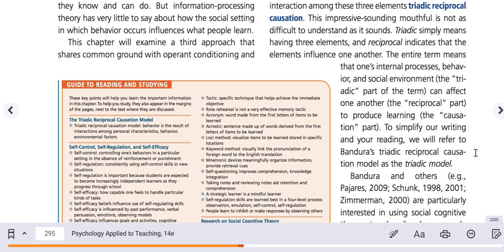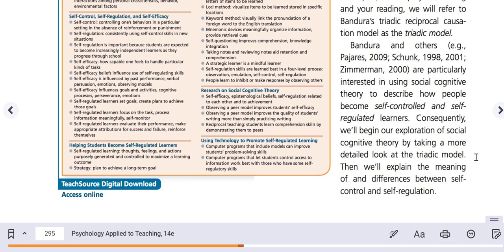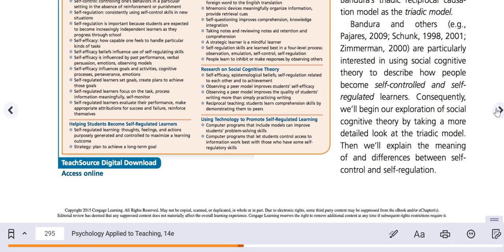Bandura and others are particularly interested in using social cognitive theory to describe how people become self-controlled and self-regulated learners. Consequently, we will begin our exploration of social cognitive theory by taking a more detailed look at the triadic model. Then we'll explain the meaning of and differences between self-control and self-regulation.